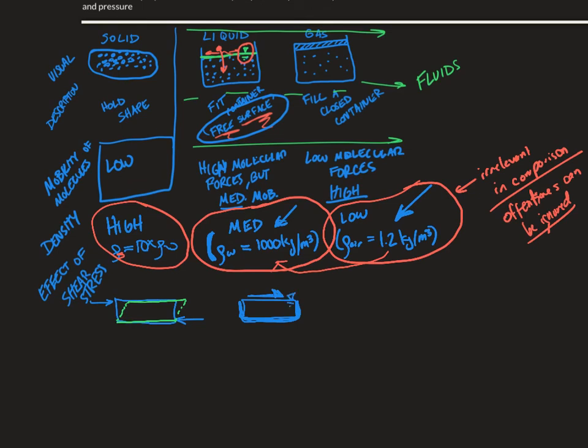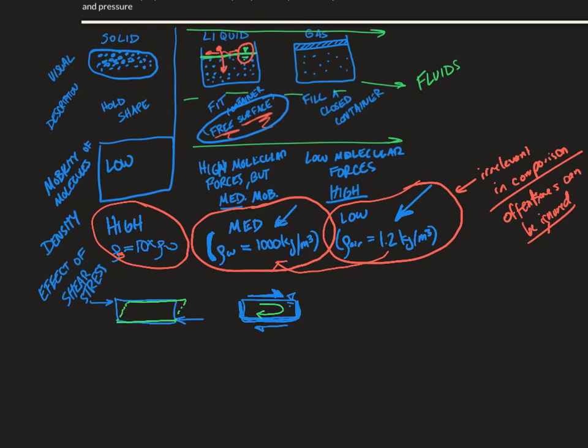Here's our free surface. If you push that way, the bottom's going to push back this way. What's going to happen to the water if you push on it like that? It's not going to do like the block of wood did. It's actually going to flow. It's going to flow like this.